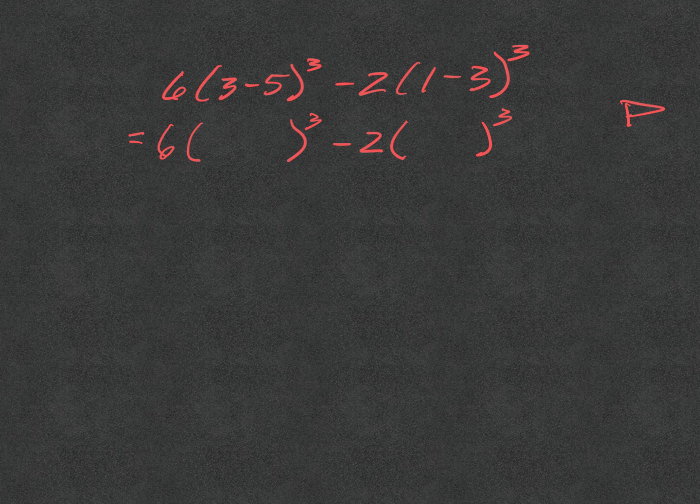So 3 minus 5 is a negative 2. And 1 minus 3 is a negative 2. Now, this parenthesis up here, just so you know, it's a separator, but it also has arithmetic inside.